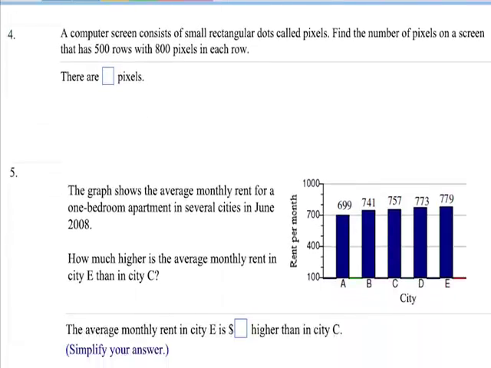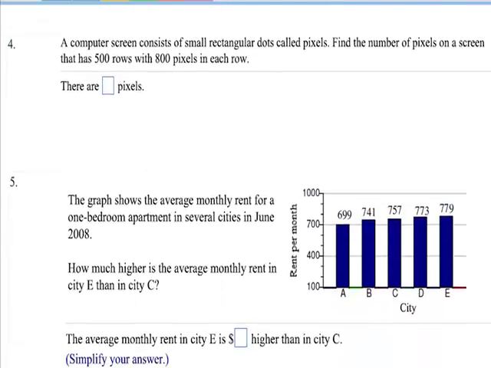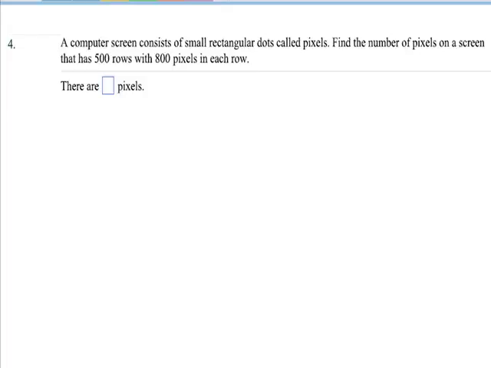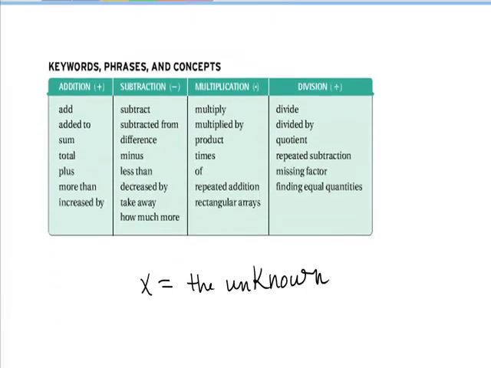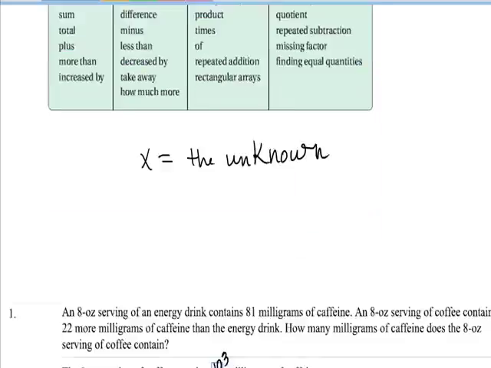All right, let's look at number 4. A computer screen consists of a small rectangular array of dots called pixels. Find the number of pixels on a screen that has 500 rows with 800 pixels each. Let's go back up to our words. A rectangular array, 500 rows of 800 pixels each.